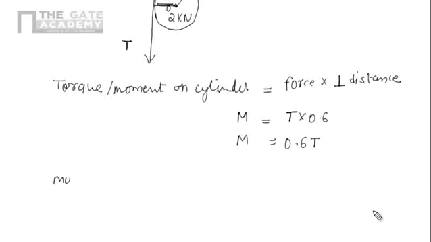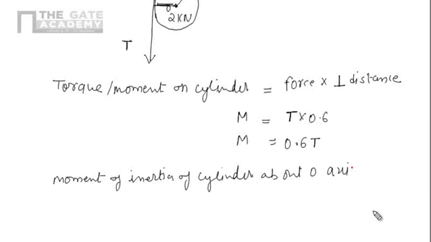Similarly, the moment of inertia, which is also required for the angular impulse momentum equation for the cylinder. Moment of inertia of the cylinder about the O axis will be m r square by 2, and we will denote it by I. The mass of the cylinder we can easily find out because we know the weight.